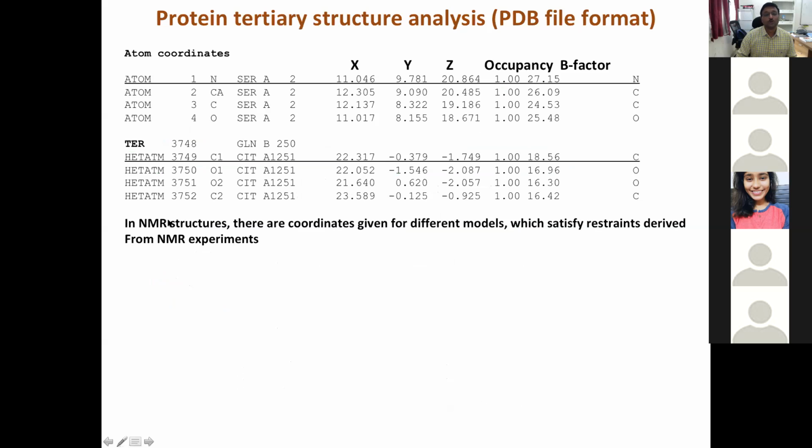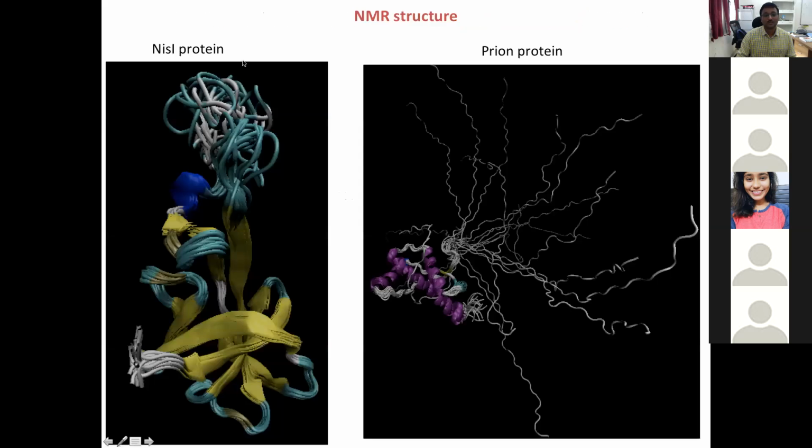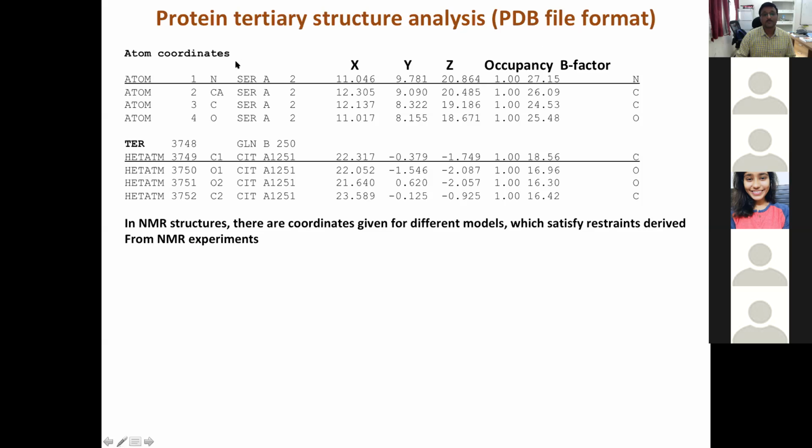This information is present in this particular format. I'll go over this. This is the total number of columns that we defined over here. Every single atom coordinate starts with this 4-letter record, ATOM, and the whole polypeptide chain ends with a record called the TER record.